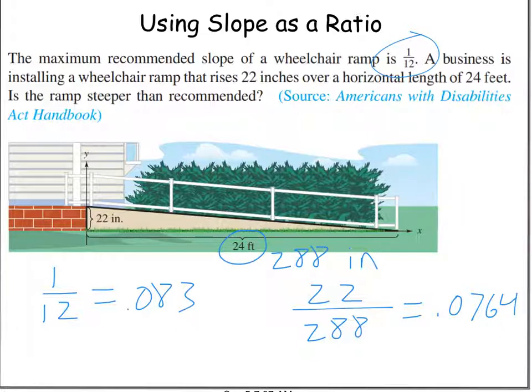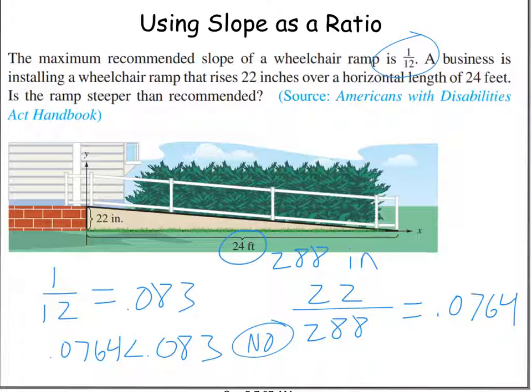It's a comparison between these two slopes. We don't want it to be any steeper than 0.083. 0.0764 is less than 0.083. So to answer their question, is the ramp steeper than recommended? No, it's not. It's less steep than recommended, which is good. It would fit the recommendation that was given.